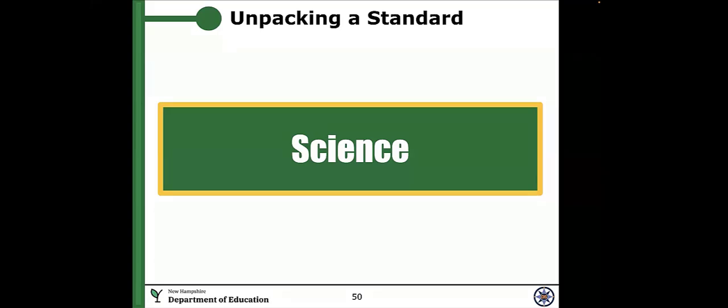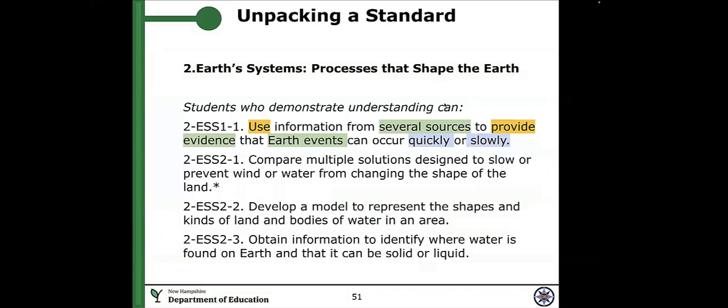So thanks, Heather. So we'll take a look at the science and we'll unpack one of these. So like I said earlier, we have our domains and our disciplinary core ideas listed underneath and then standards underneath those. So for this one, I just used the highlighting example just to show our nouns and our verbs and looking at all of our key words.